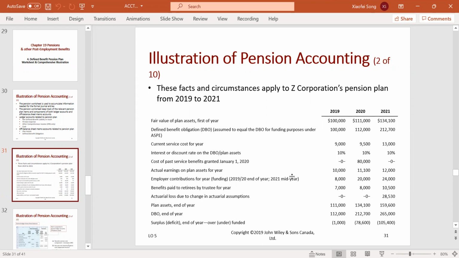So the contribution, similar to the past service cost, if you put the money into the funds at the end of the year, there would be no earnings, no returns on that amount this year. It hasn't got the time to earn anything. However, when it's mid of year, it will be evenly spread, so that contribution would have time to earn some returns, right?